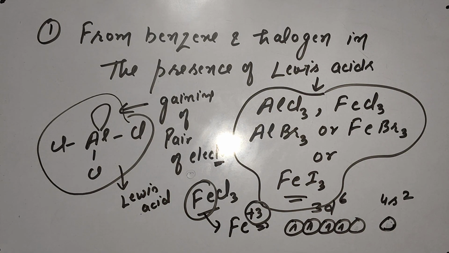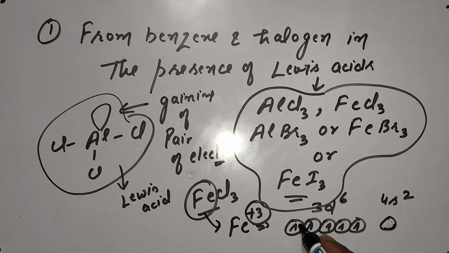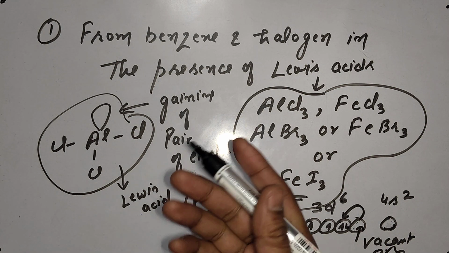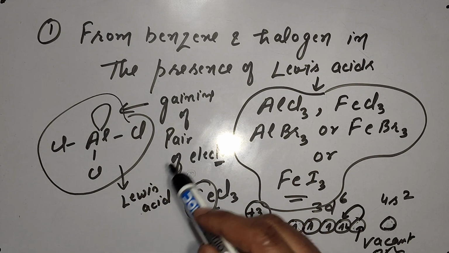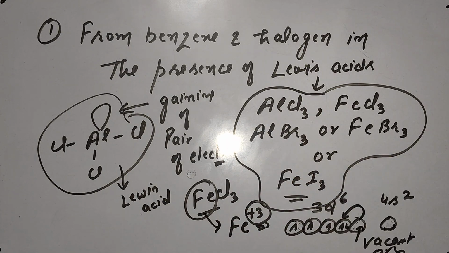Now you can check 3d6. So 2 electrons from here, 1 electron from here. Now after de-excitation, you can check a vacant orbital can be generated over there. This is a vacant orbital which iron can use to gain a pair of electrons. So iron, a central atom, has a tendency to gain a pair of electrons. That's why FeCl3, aluminium bromide, FeBr3 or even FeI3, they all are Lewis acids. They have a tendency to gain a pair of electrons.